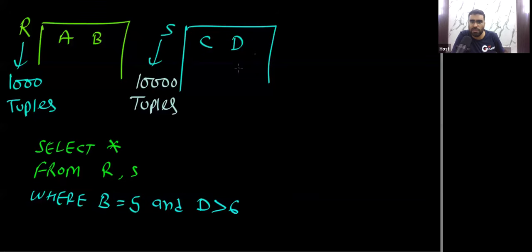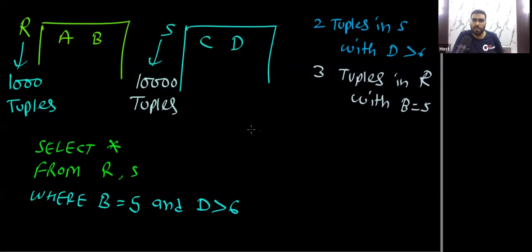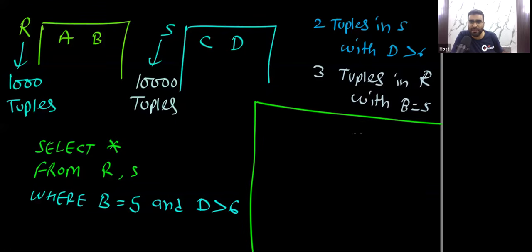So 2 tuples in S with D greater than 6, and let's assume 2 or maybe 3 tuples in R with B equal to 5.